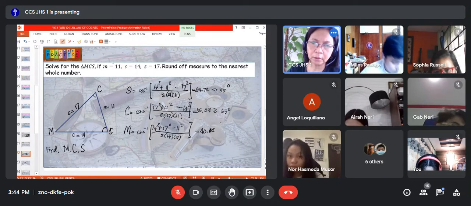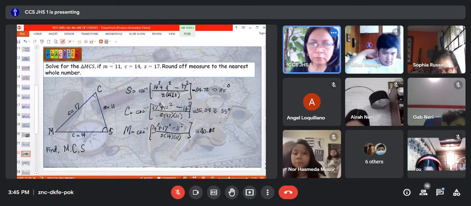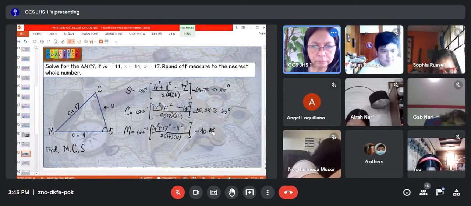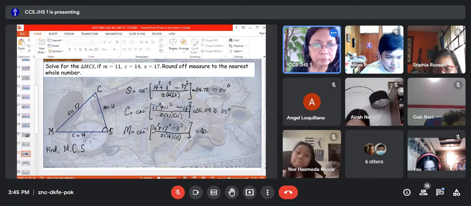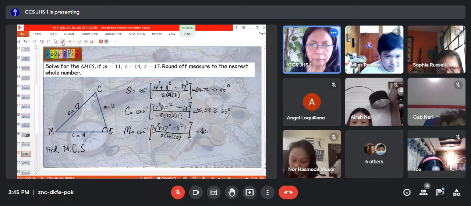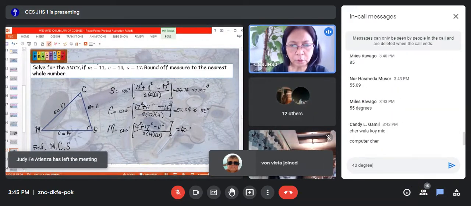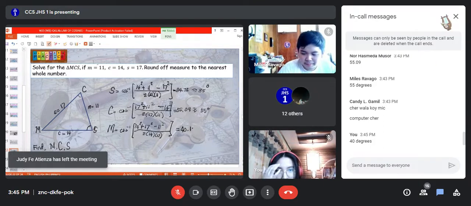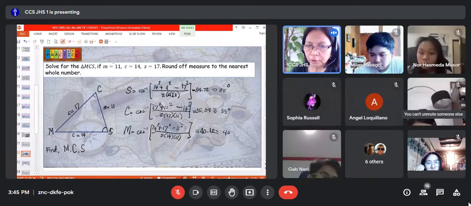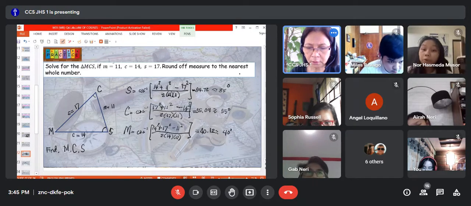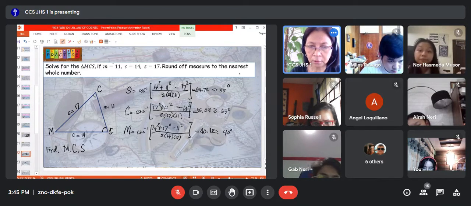Is that accurate? Let me check. 14 squared plus 17 squared minus 11 squared divided by 2 times 14 times 17, inverse cosine, 40.12.